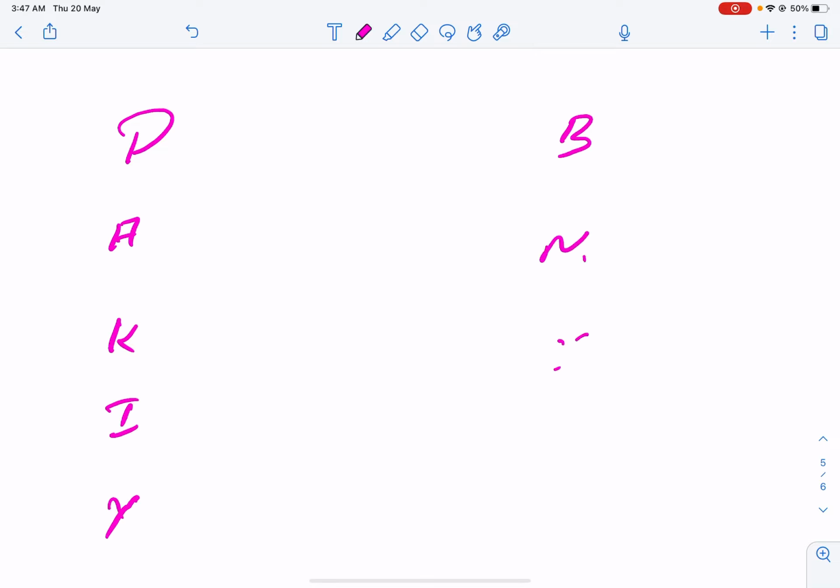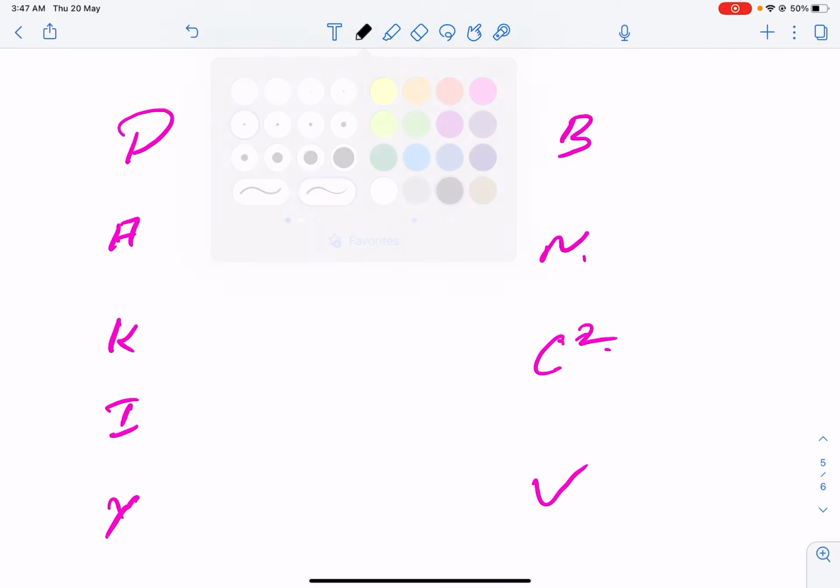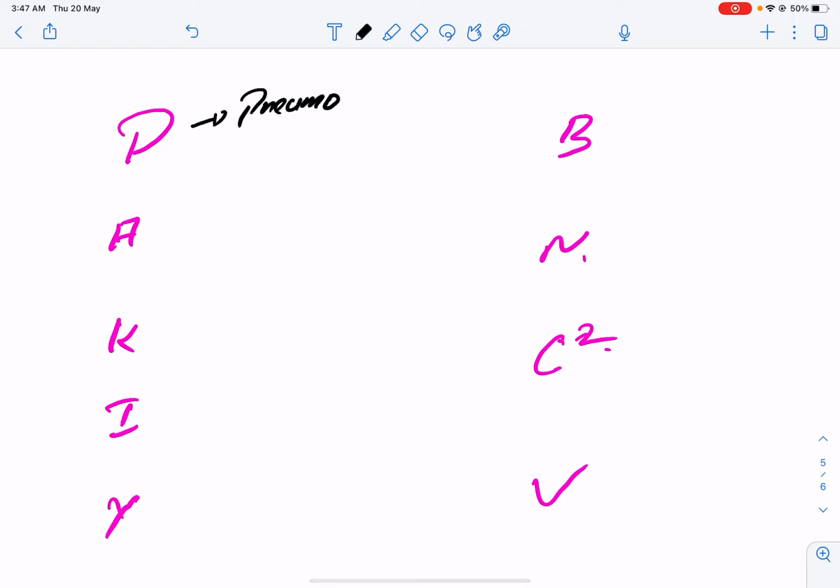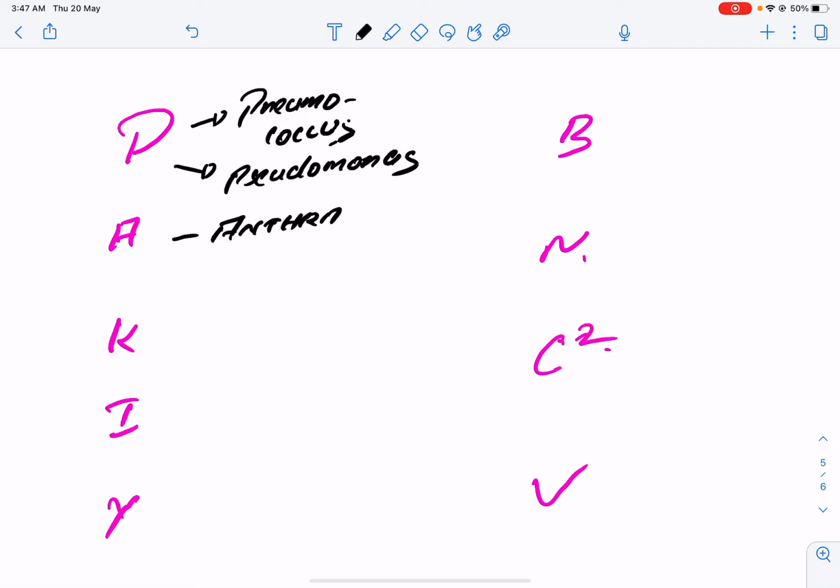Here also we can remember a mnemonic if you want: PAKY BM, C square V. Anyhow, we have to remember the names. Here P is for two bacteria. One is pneumococcus, the other P is for Pseudomonas. A for anthrax. K for Klebsiella species.